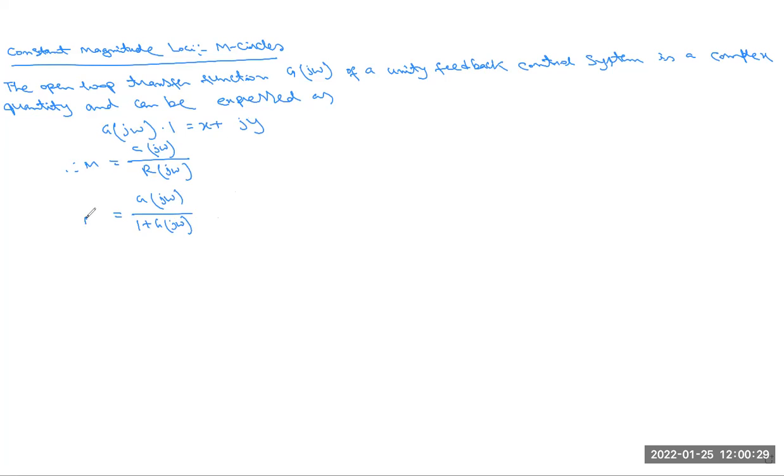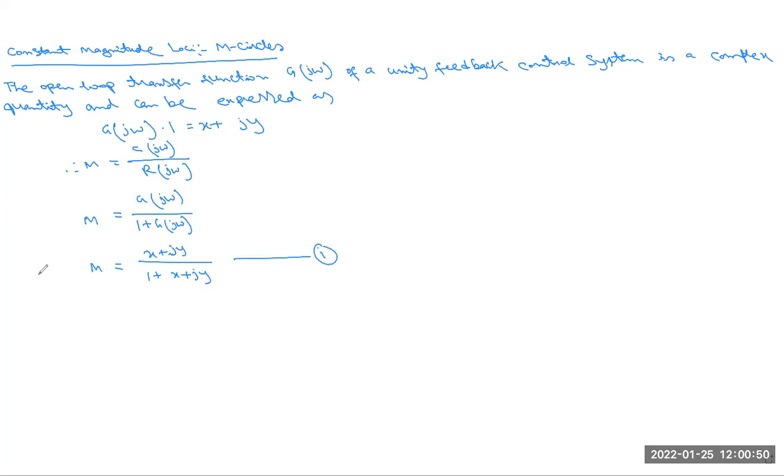So the equation is coming: M equals x plus jy divided by 1 plus x plus jy. This is equation 1.